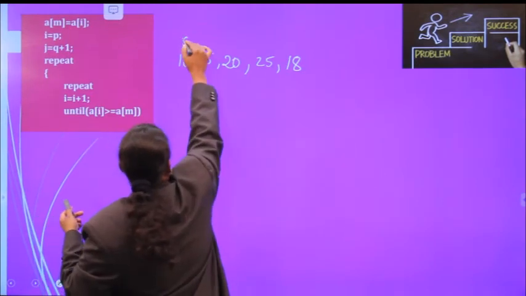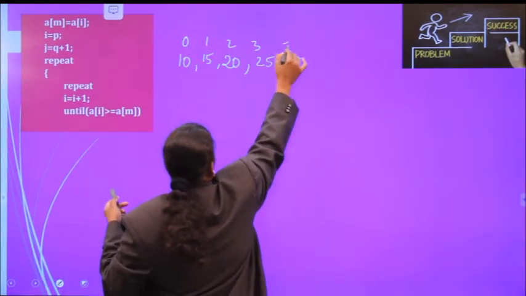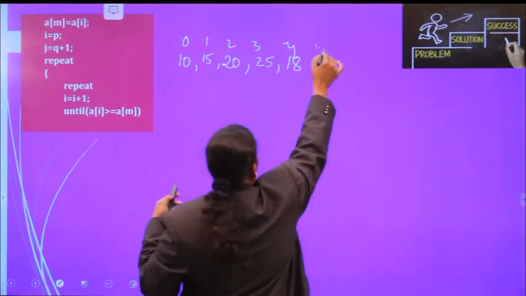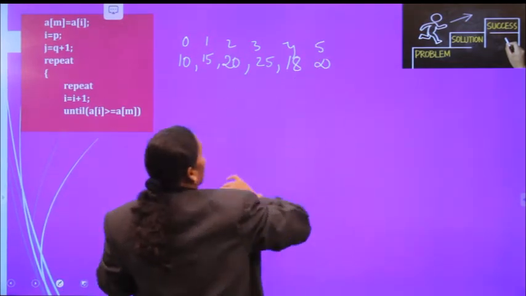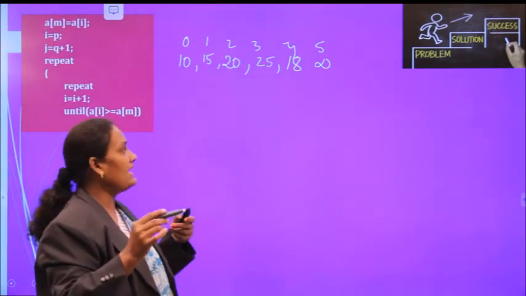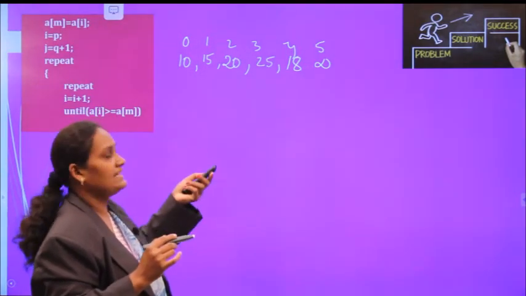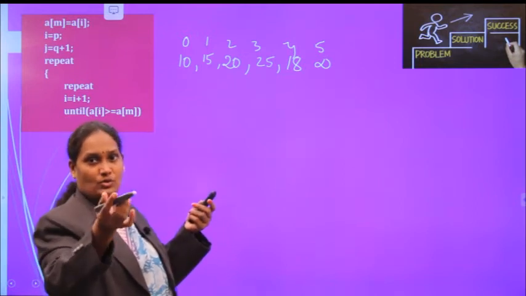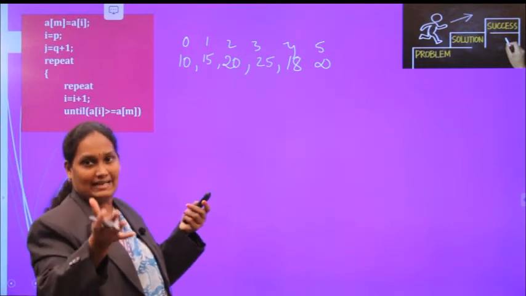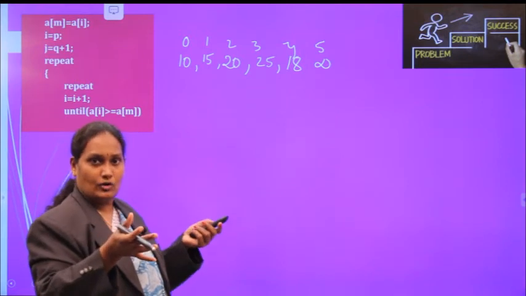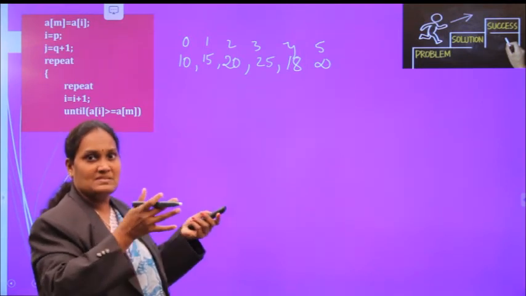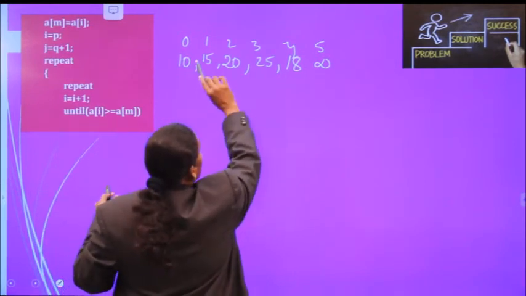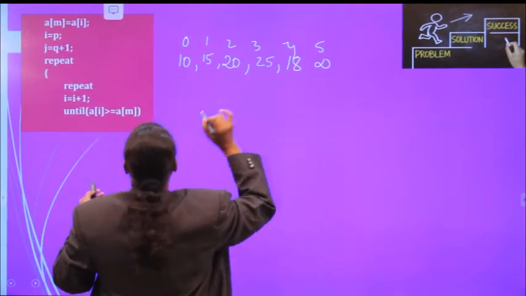Those 5 elements are represented with the index values 0, 1, 2, 3, 4, and here I am taking the fifth as infinite. Why am I taking this fifth element as infinite? We need to consider A of P to Q as a subarray of A of 1 to N, which is a global array. In that global array, the given array becomes the subarray A of P to Q.